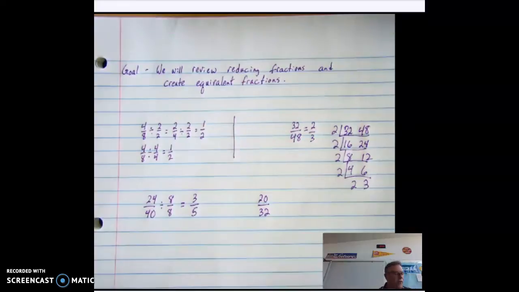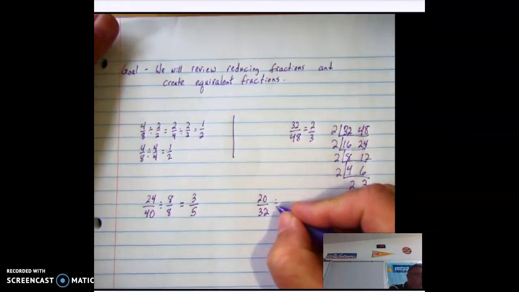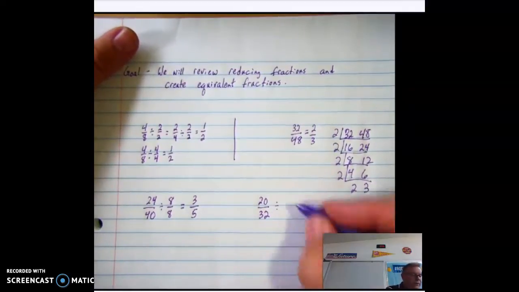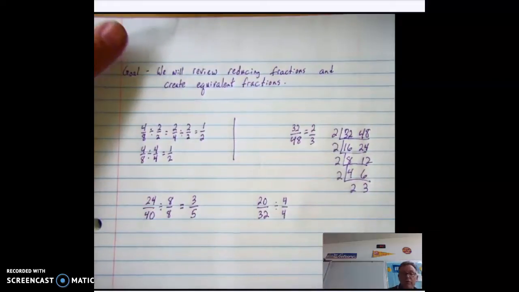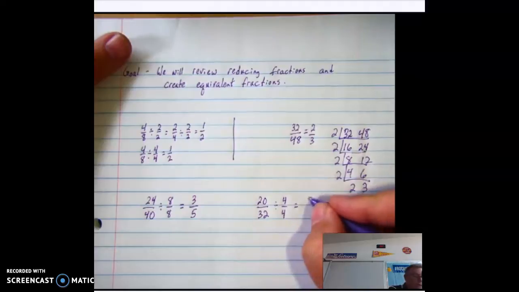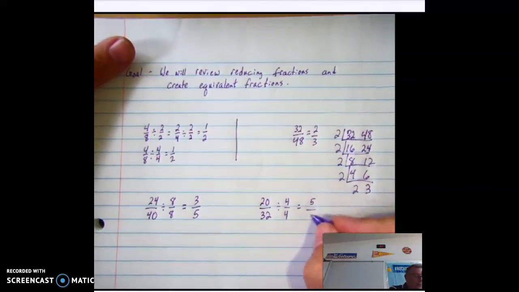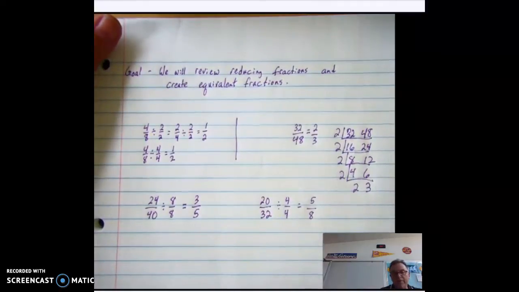Okay, no matter what method you chose, I look at this and I think, I'm going to use common factors. So 20 and 32, 4 works really well. You could have used 2. So that's going to take it down to 20 divided by 4 is 5. And 32 divided by 4 is 8. So that one is simplified down to 5/8.